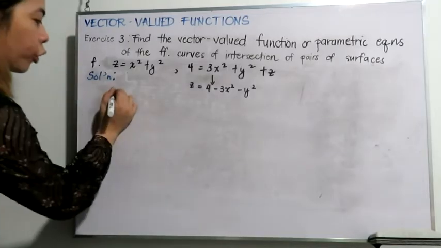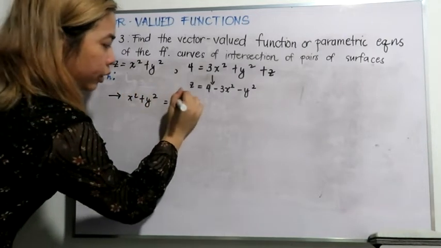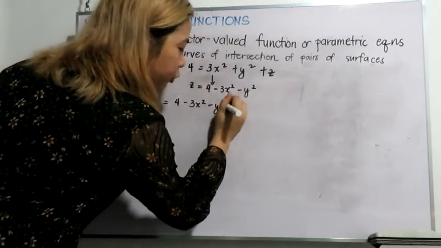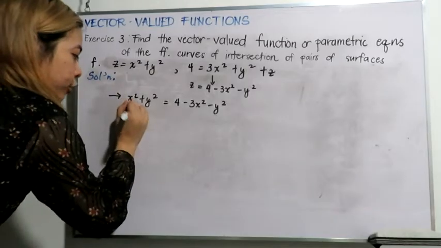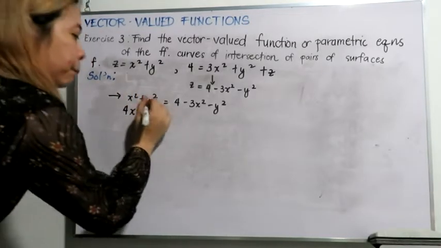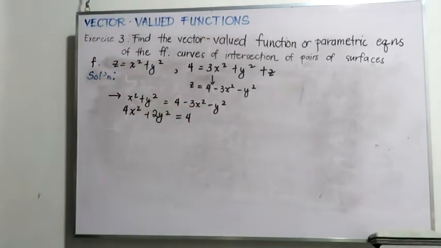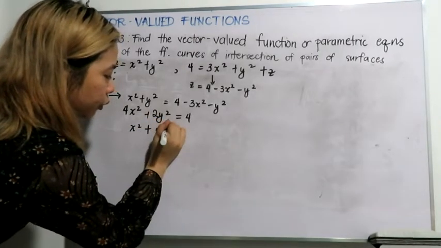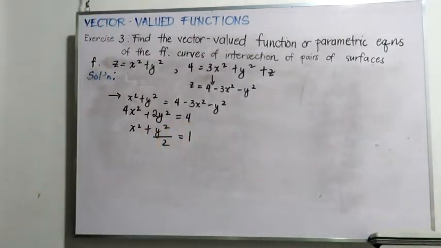Equating the two equations, we have x squared plus y squared equal to 4 minus 3x squared minus y squared, which simplifies into 4x squared plus 2y squared equal to 4. Dividing both sides by 4, we obtain x squared plus y squared over 2 equal to 1.